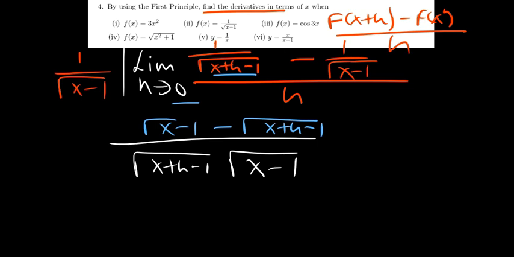Okay, let me ensure you've gotten that. So that's just our numerator. Don't forget we have the limit attached. So the limit as h approaches 0 is attached. For the denominator, we have division by h.